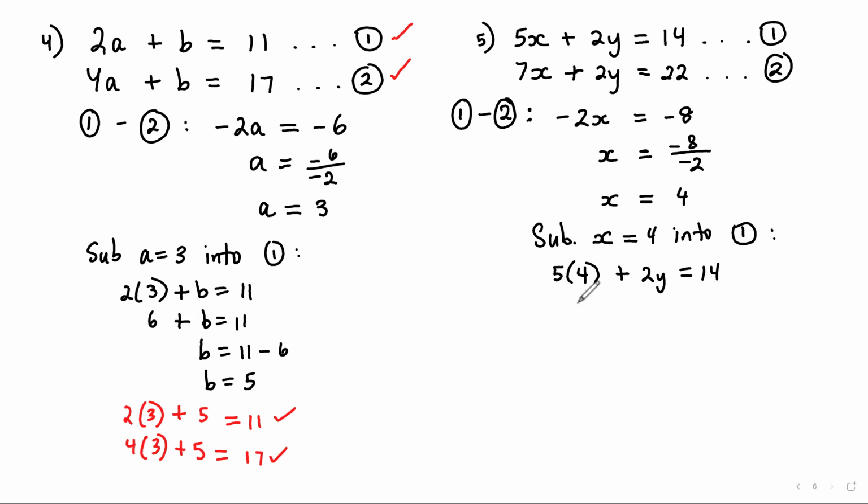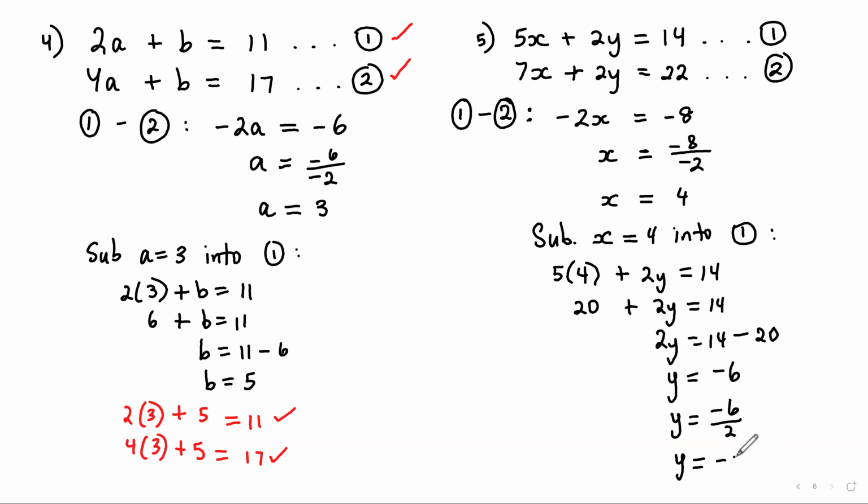So 5 times 4 is 20. 20 plus 2y is equal to 14. So then 2y is equal to 14 take away 20, which is negative 6. And therefore, y is equal to negative 6 divided by 2, which makes y equal to negative 3.